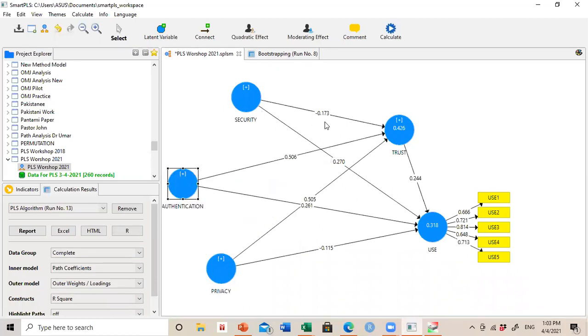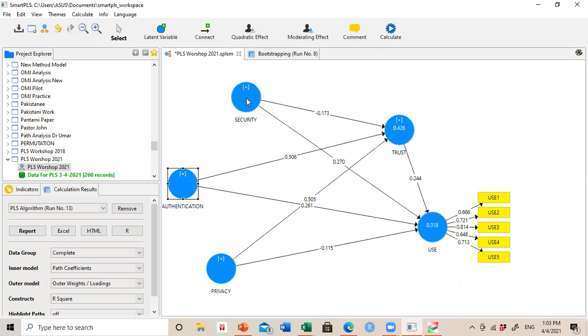So now we look at this one: security, trust, and use. We look at the relationship between security and trust. Is it significant? Yes. So security here is negative.